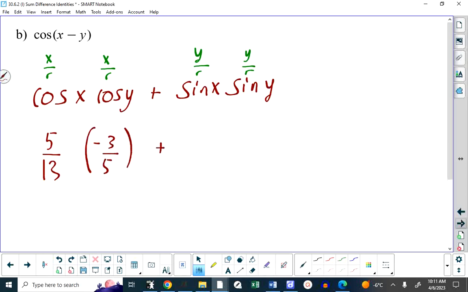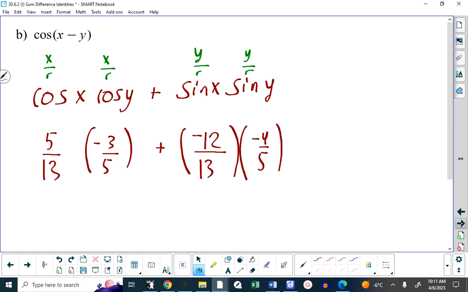And then we're looking at angle x again, but this time we are going y over r. Did I get my y over r correct for angle x? Multiplied by, thank you, multiplied by my y over r for angle y.